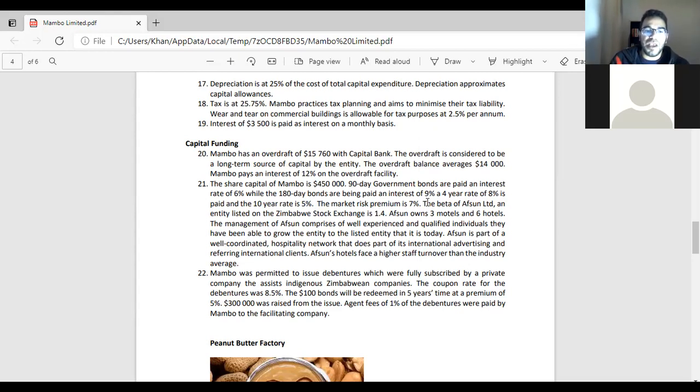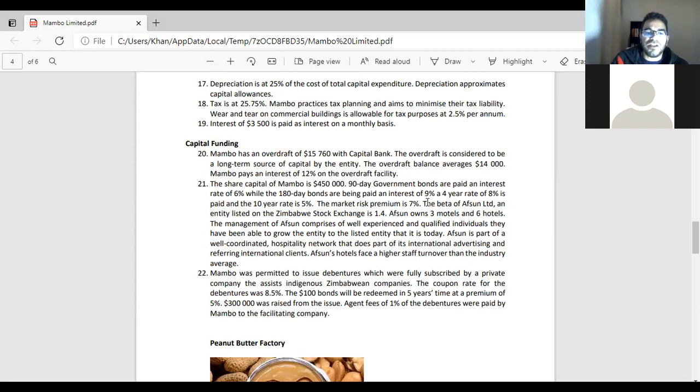The last one, Mambo was permitted to issue debentures which were fully subscribed by a private company. I'm assuming it says that assists indigenous Zimbabwean companies.